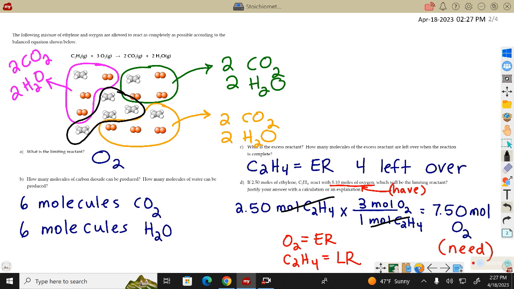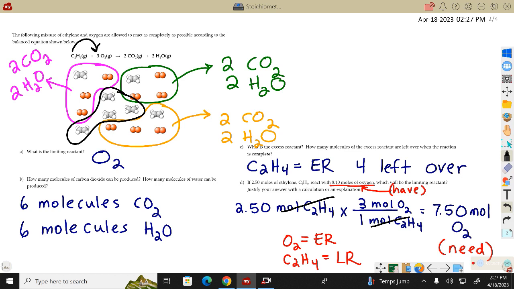According to the balanced equation, I need 3 times as much oxygen. So if I have 2.5 moles of ethylene, I need 7.5 moles of oxygen. Now that's what I need. And I always write that word in there so that it's not just a number, it means something. That's the amount of oxygen I need.